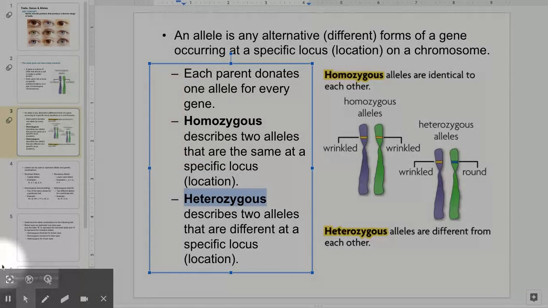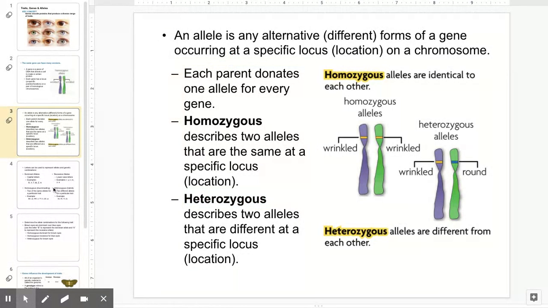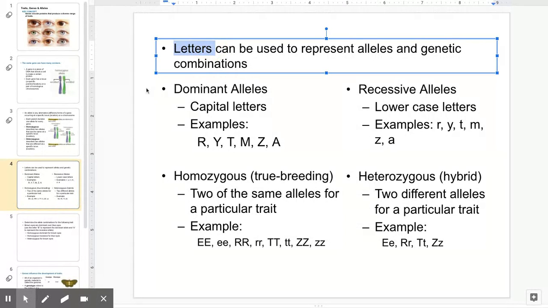And the interesting part is we can even build upon that vocabulary by describing these alleles and representing them using letters. So our alleles are represented by letters.